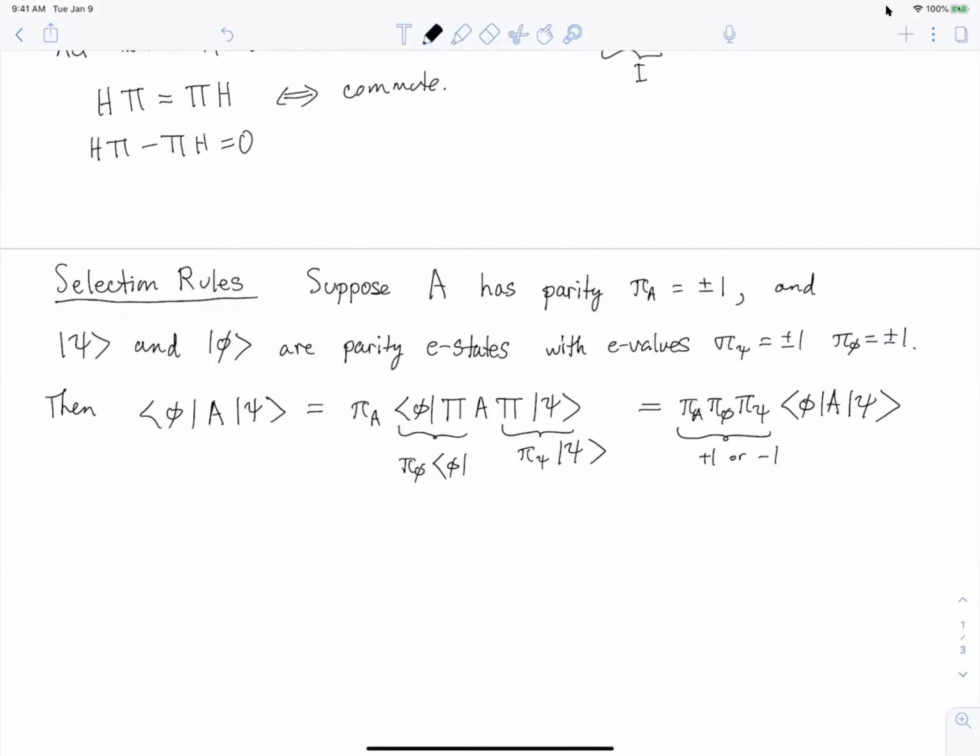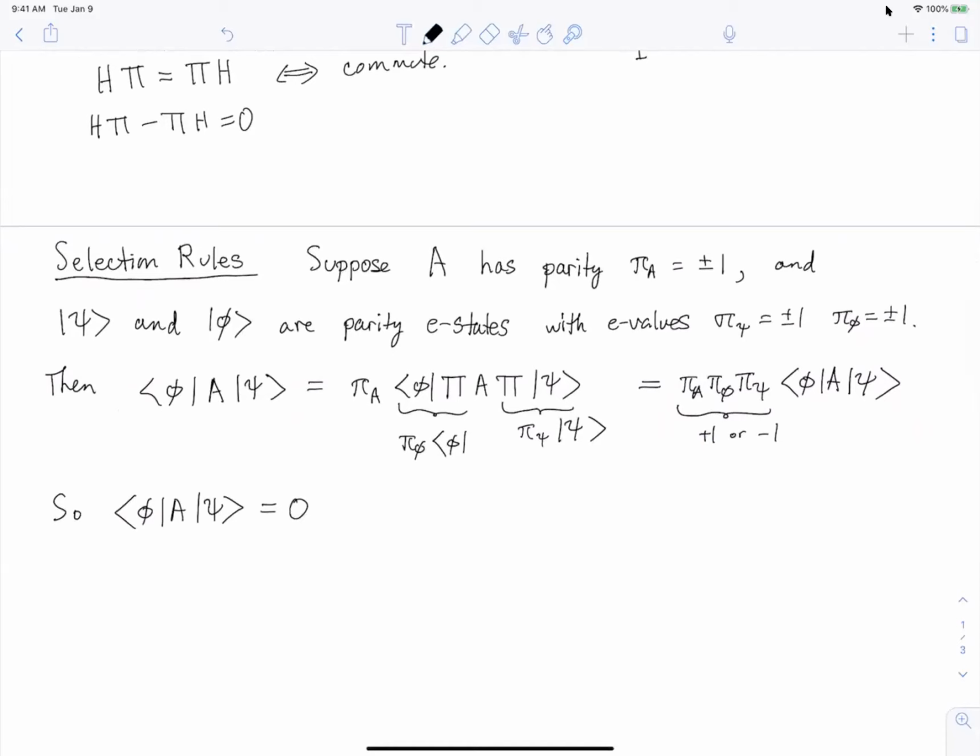So what we've learned is that the matrix element vanishes unless exactly 0 or 2 of, I'll write it this way, of omega, psi, and phi have odd parity.